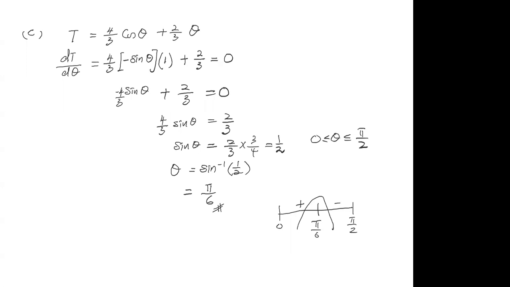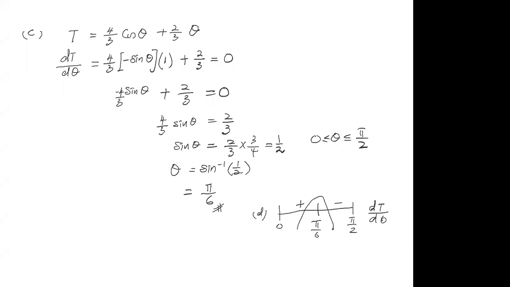I think this is the maximum, if I'm not wrong. So this is my dt over d theta sign diagram. So this is part D.